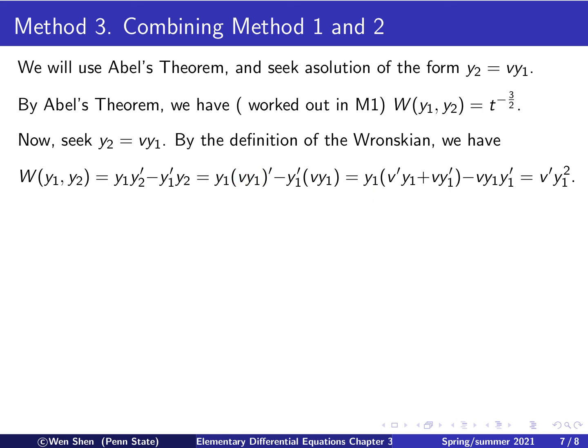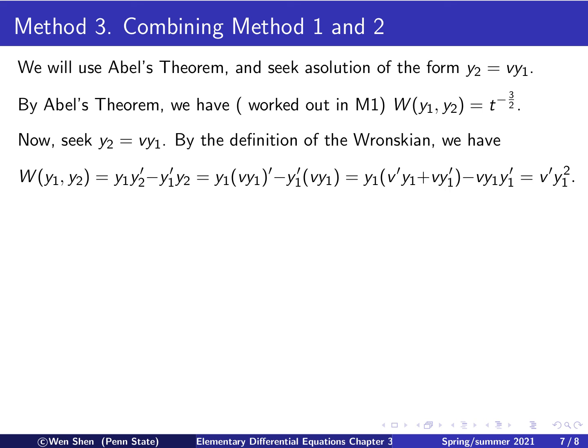So I get y1 times the derivative of v, and differentiate y1 and then add them up. And then here we see that this term here actually exactly matches this term. This v y1 prime times y1 cancels that. So that's gone. So we have just one term, which is v prime times y1 squared.